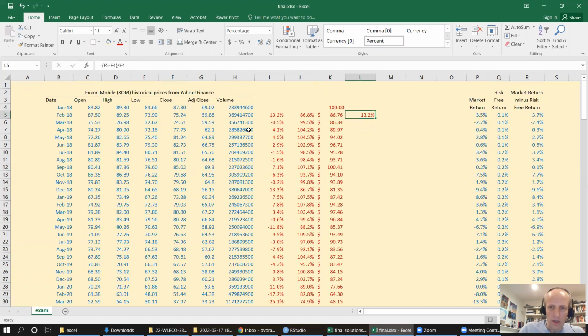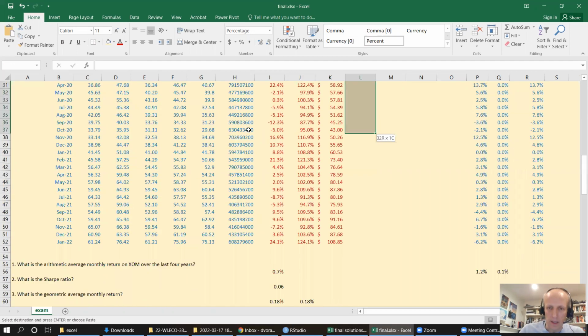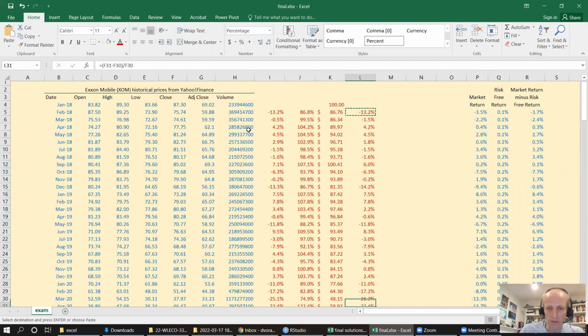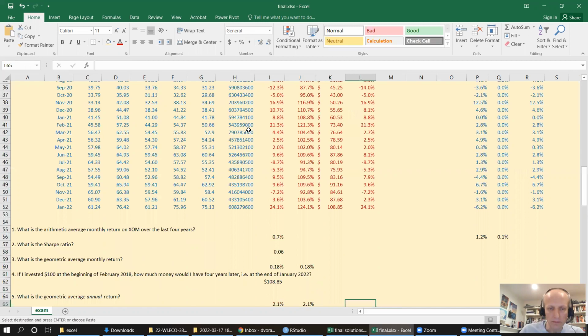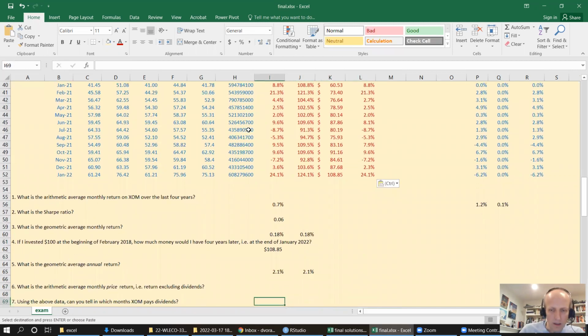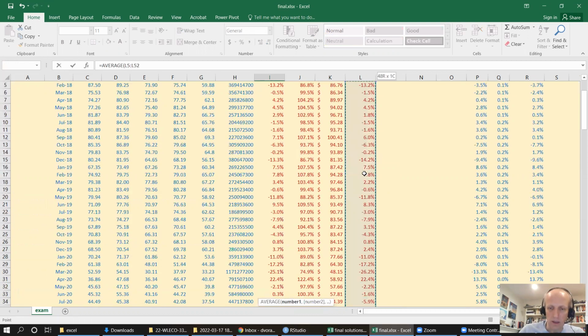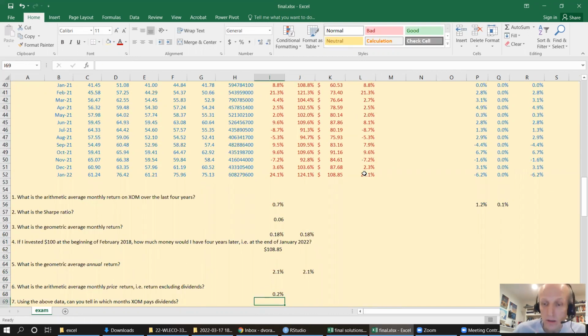And we're going to copy that all the way down and take the average, excluding dividends. Average of this column gives us 0.2% per month.